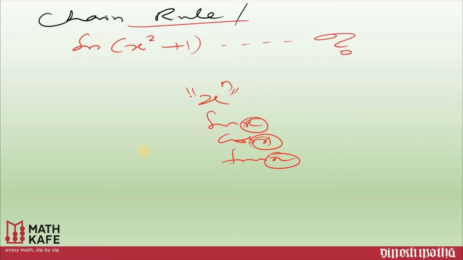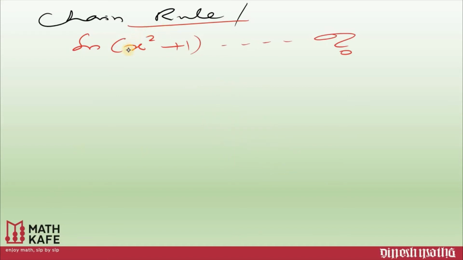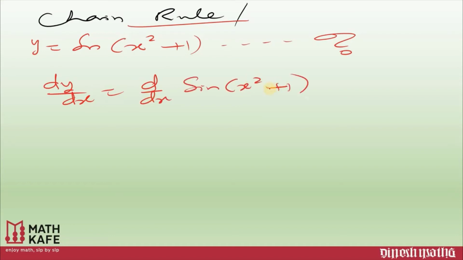Once you realize that fact, this differentiation will become very simple. That's the fundamental idea. Then, as you see, you need to differentiate sine of x square plus 1. There are a lot of theories there. I'm going with a simple idea which everybody can follow easily. Let y be equal to that, and then we'll write dy by dx is equal to the derivative of sine of x square plus 1. Now when you differentiate, for the time being, you just assume this as a symbol x.